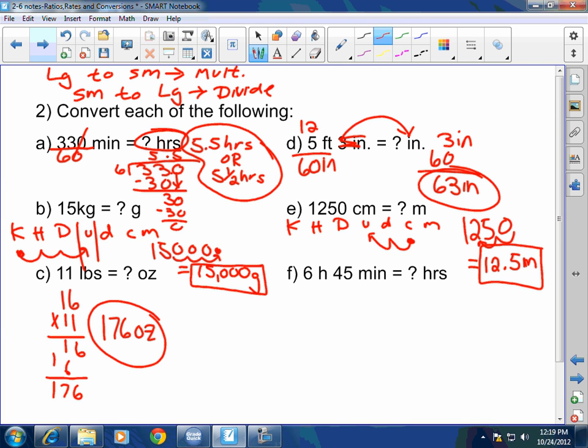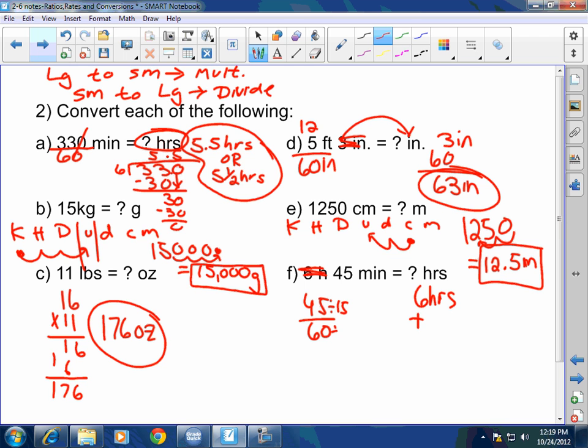6 hours and 45 minutes. I want it in pure hours. What's the first thing you think you should do? Yes, these 6 hours, you already have hours. So you already have 6 hours. Now, I have 45 minutes. I'm going from minutes to hours. Am I going large to small or small to large? When I go small to large, do I multiply or divide? So I go 45 divided by 60, which is the conversion factor.